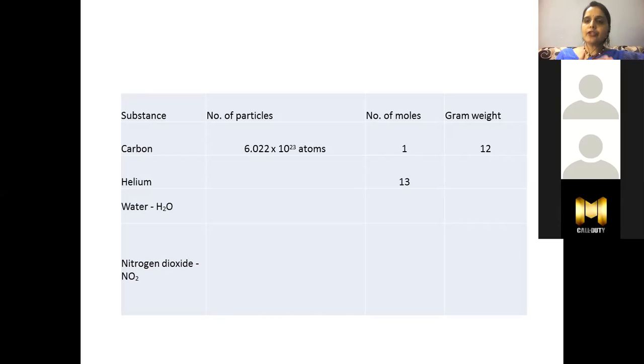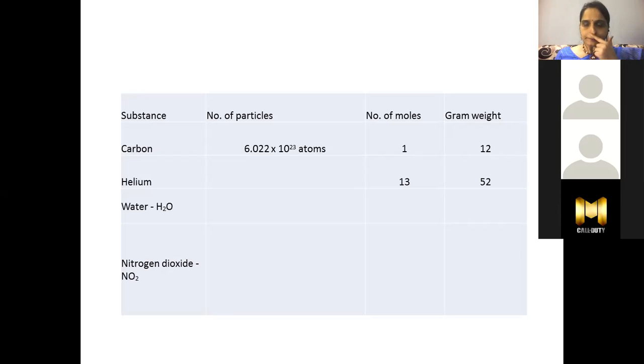So if we have 13 moles, what will be the gram weight? It will be 13 into 4, which is 52 gram.